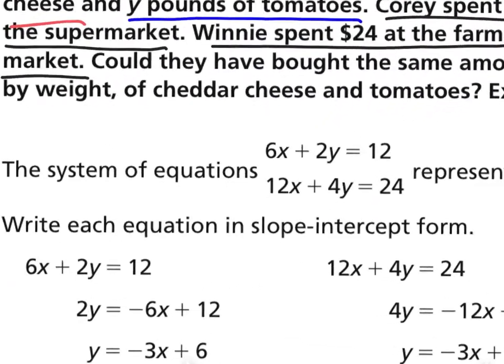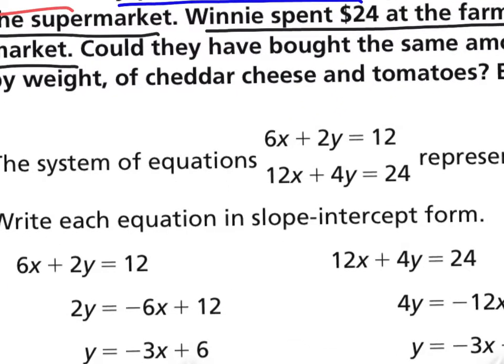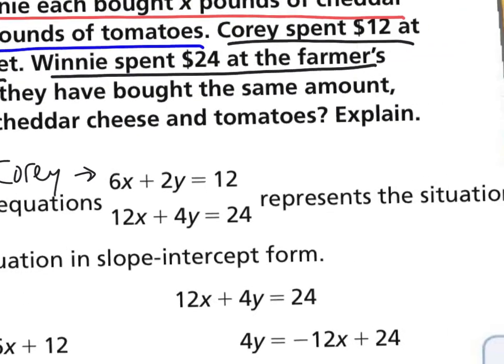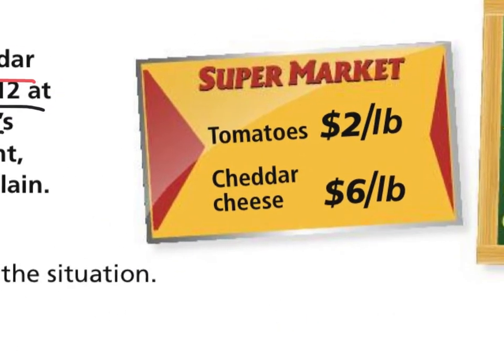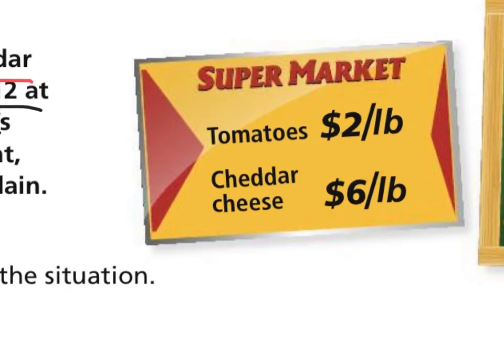Okay, so looking at the information here, first of all, x is the cheddar cheese. So Corey went to the supermarket. So it's $6 a pound times x pounds. Okay, this is where Corey went.